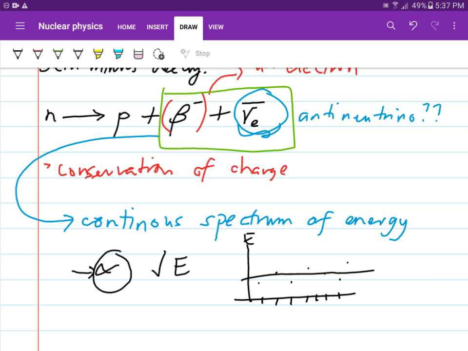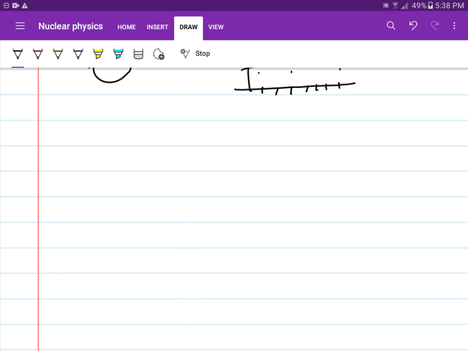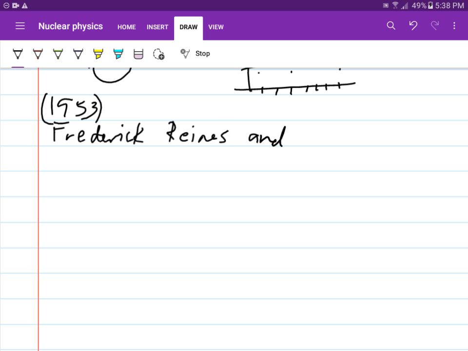So they postulated the existence of the antineutrino, and in 1953 two scientists, Frederick Reines and Clyde Cowan, measured the existence of the antineutrino.